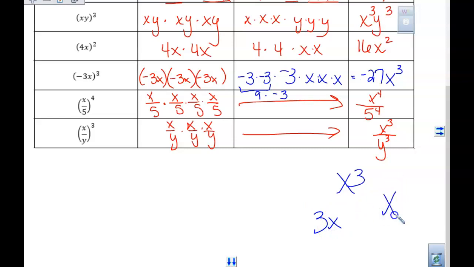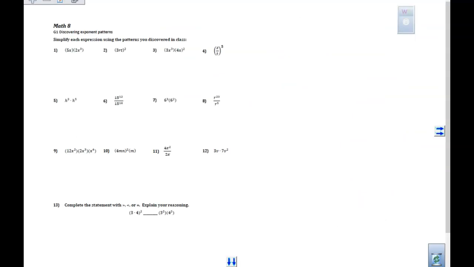It's supposed to be x with an exponent, so try to make your base bigger, however you need to do that. But if it looks like this, that really doesn't look much like an exponent, right? So those of you that are a little sloppier in your writing, just be really careful about that, okay? The homework that you are working on is not very long.